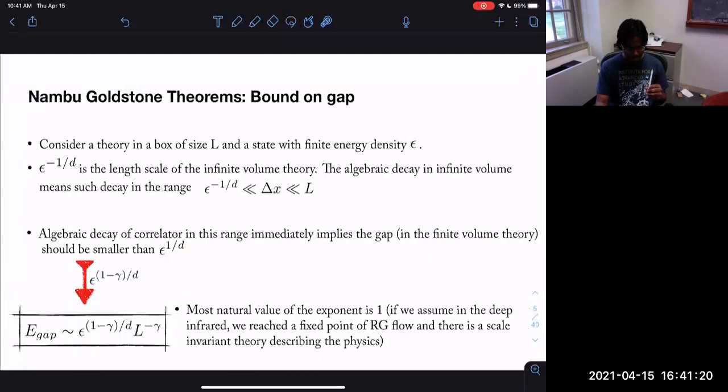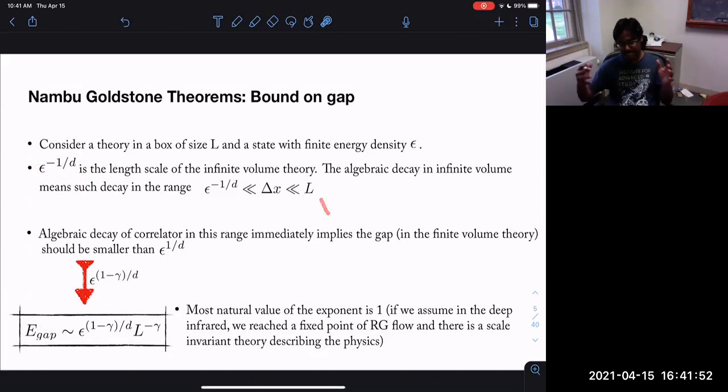Suppose you take a theory and put it in a box of size L, and you also choose a state which has a finite energy density epsilon. Of course, in the infinite volume limit, your length scale would be epsilon to the power minus 1 over d. This is basically a scaling dimension argument. So basically you have two scales. One is epsilon to the power minus 1 over d, which is the very small scale, the UV scale.